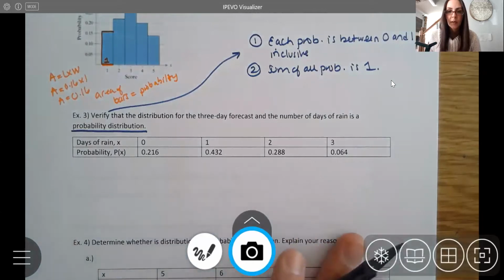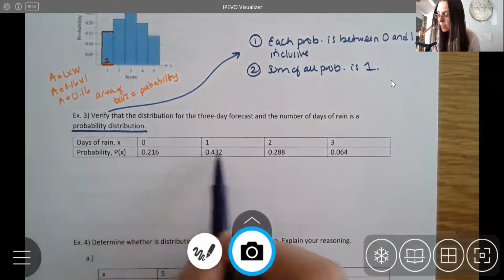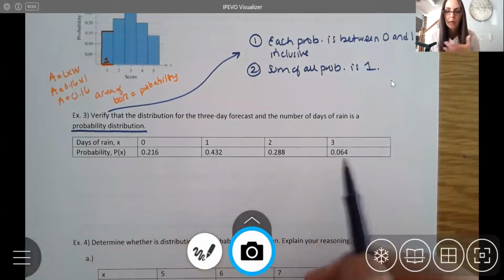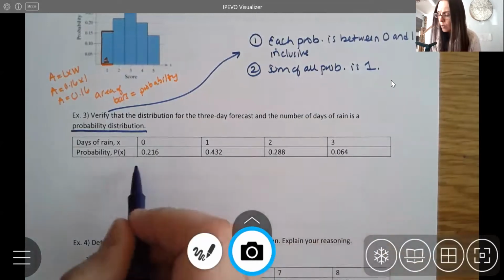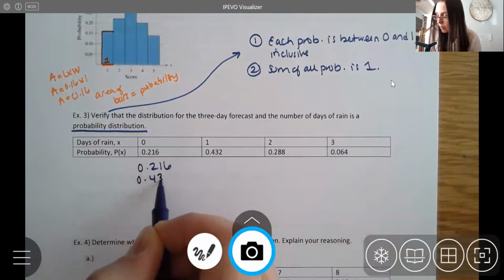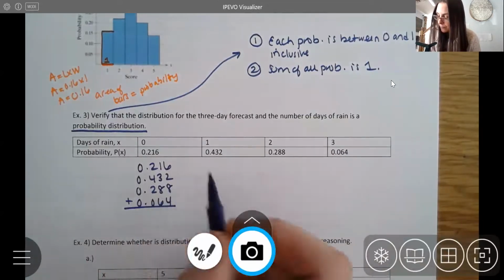First of all, we need to make sure that each probability is between 0 and 1, and they are. If I check my probabilities here, each of these is between 0 and 1. I don't have any negatives, and I don't have anything bigger than 1, so I'm all set. And then I want to make sure that my probabilities add up to 1. You need those two things to ensure that you have a probability distribution.